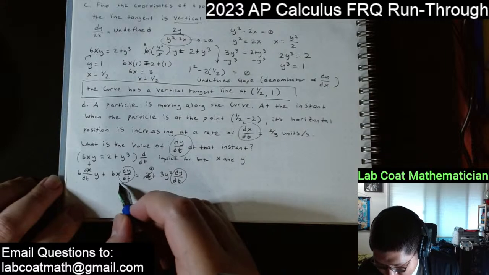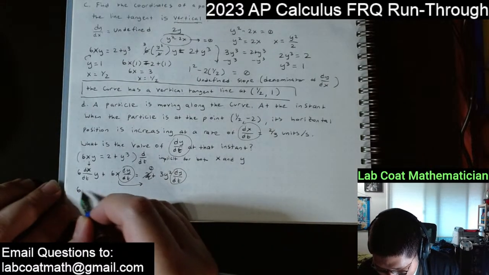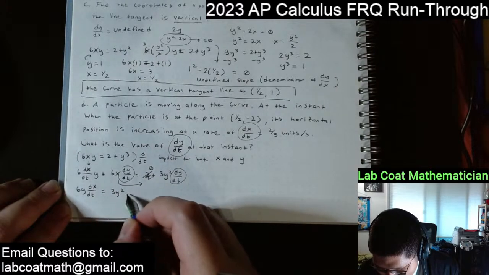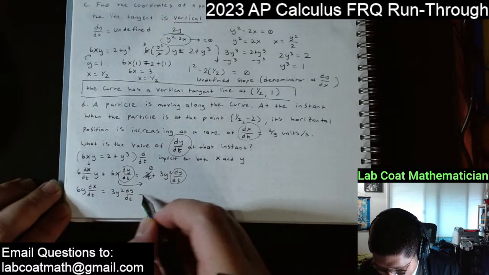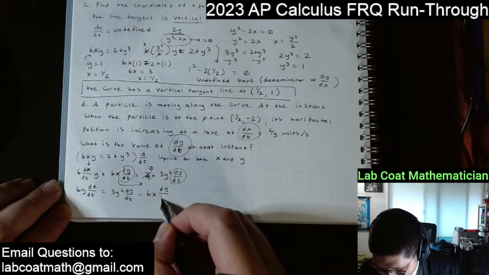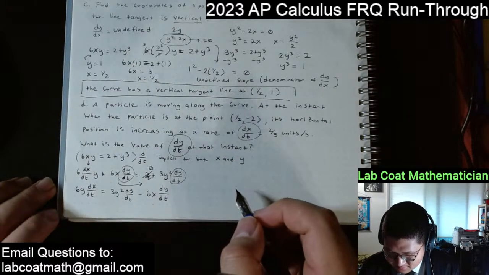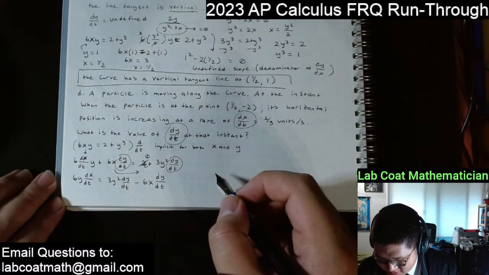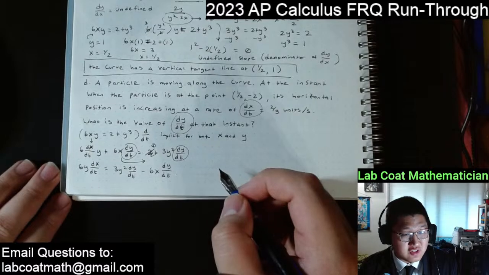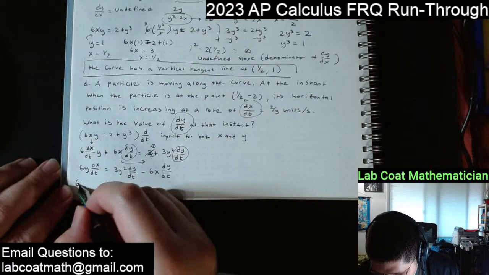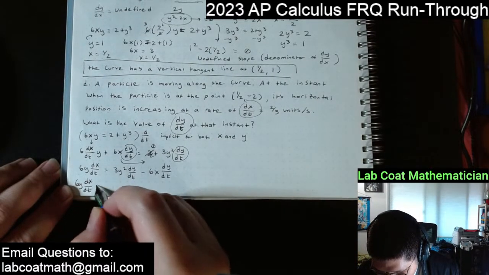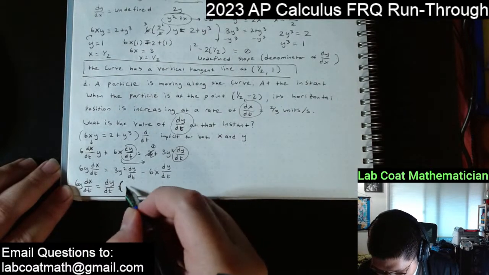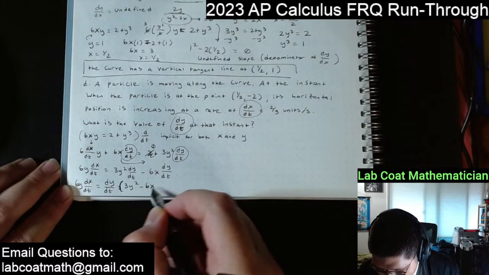Let's move over that 6x on the other side. So 6 times y dx over dt will be equal to 3y squared dy over dt minus 6x dy over dt. Then by factoring out the dy over dt, we can end up with the next line. 6y dx over dt will be equal to, by factoring out dy over dt, the remainder of 3y squared minus 6x on that side.